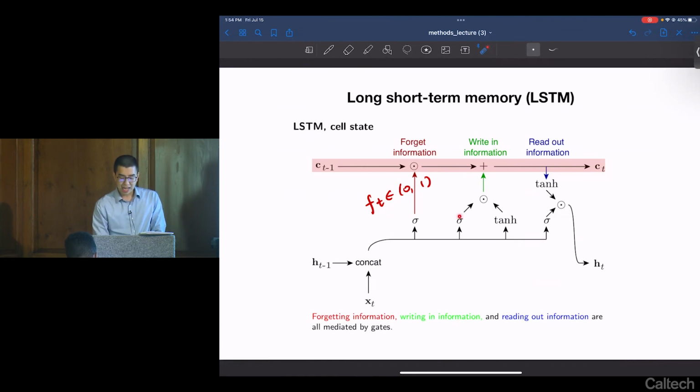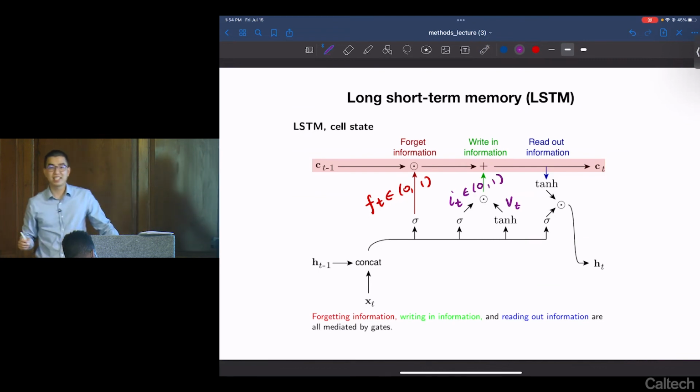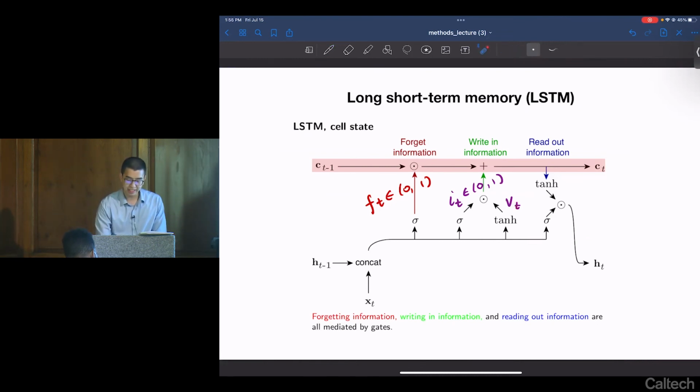The write-in information happens with these 2 gates. We'll call this i of t the input gate and v of t the value gate. So i of t is also between 0 and 1. And i of t tells me how much of this value v of t to write in.